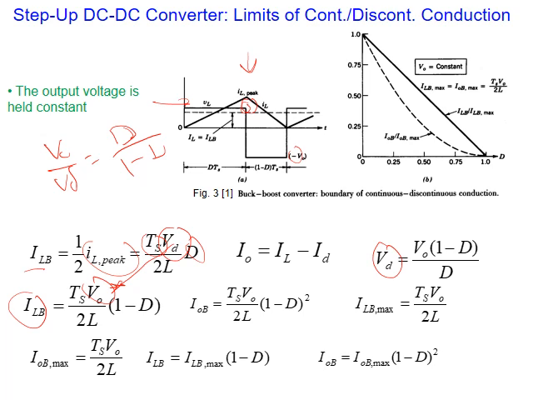Now we can also find IOB, since we know that the output current is IL minus ID, and we can look at the output current from this direction and then substitute to find it in terms of V output. Here we can sketch both of them, ILB and IOB.